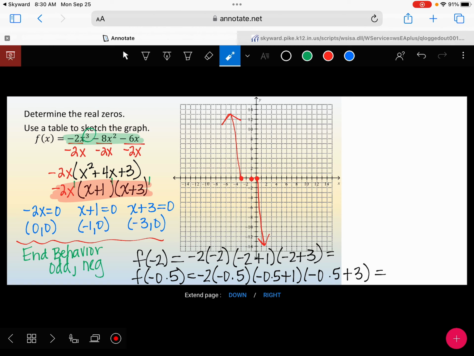And the second one is a decimal, and we'll just round that to like the 10th place. Now that one I cannot do without a calculator because it's a decimal.